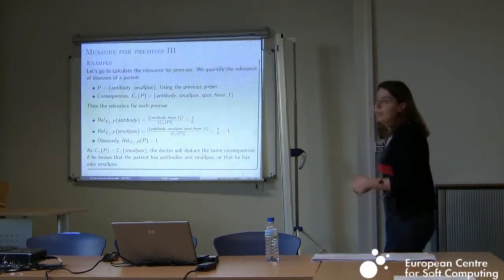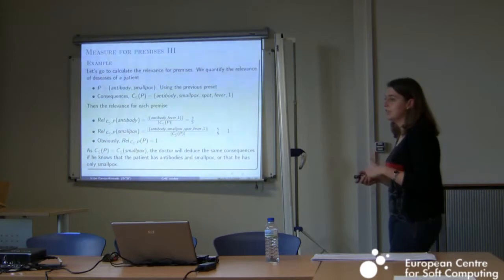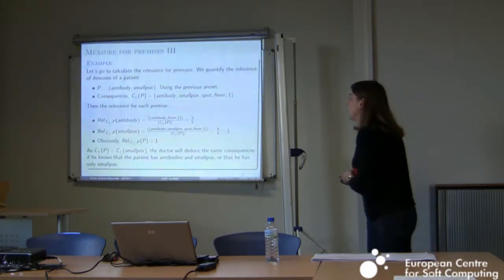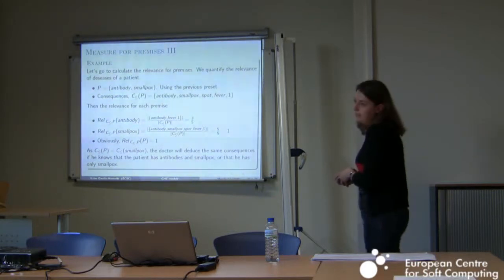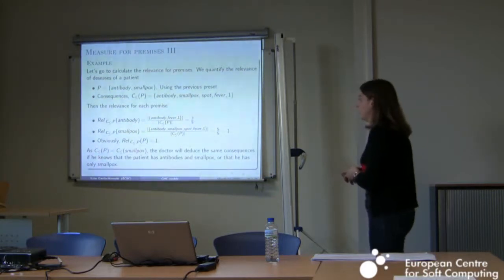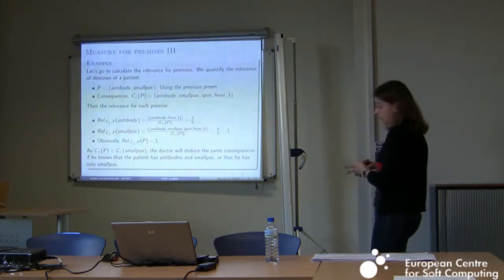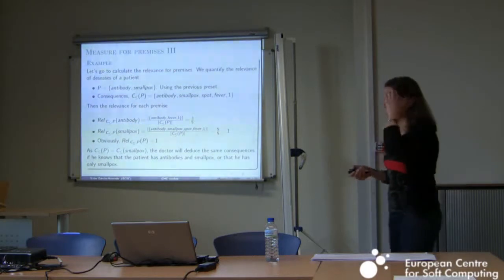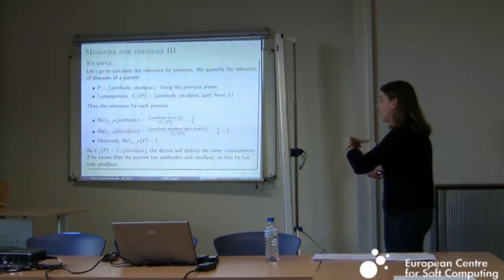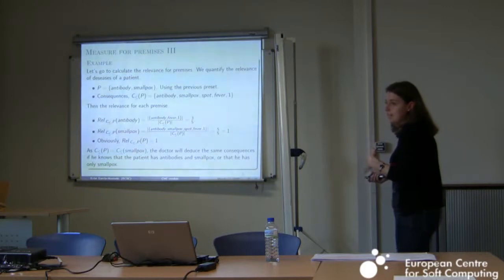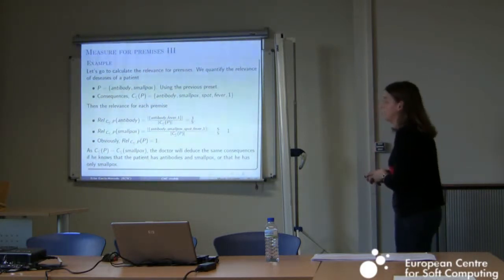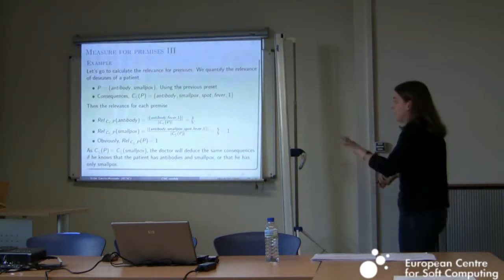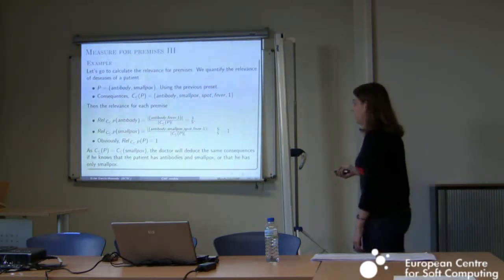So if we only do the consequences of the smallpox, we get the same consequences as if we do the consequences of P. If we do the consequences of smallpox, we get the same as if we do the consequences of smallpox and antibody. So we can get rid of antibody.